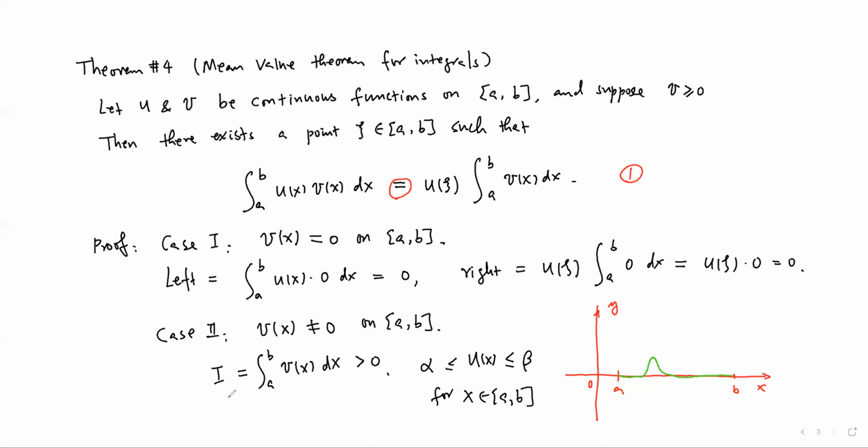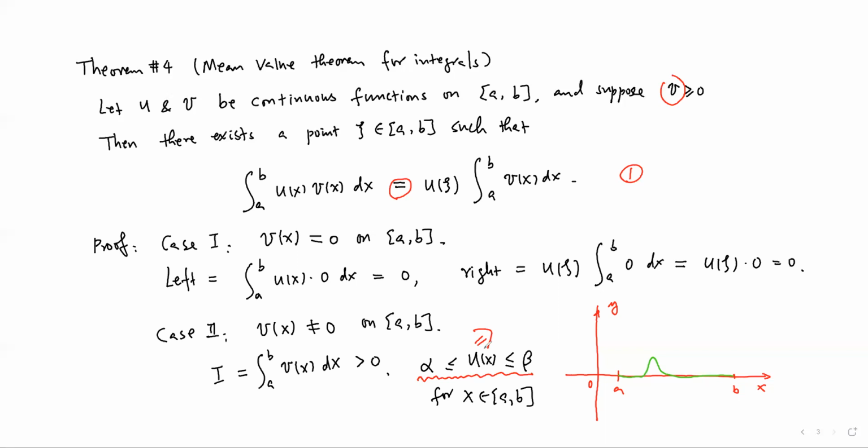Now, multiply the three terms of these two inequalities by function V. Function V is non-negative. So because V is non-negative, when I multiply all the three terms, I don't change the inequality direction.